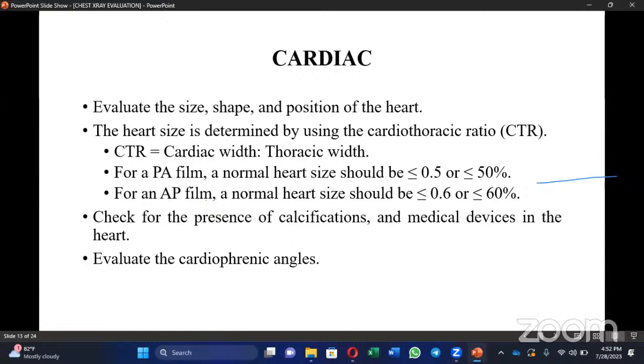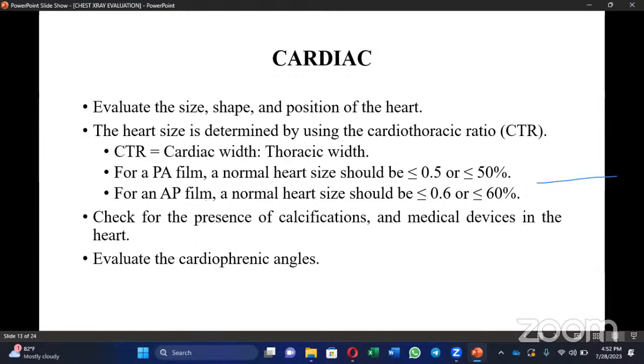The heart size is assessed by using a mathematical formula, which is the cardiothoracic ratio, the ratio of the cardiac width to the thoracic width.